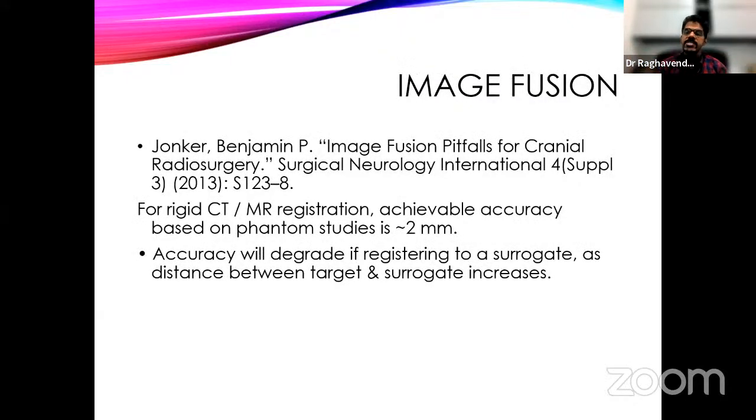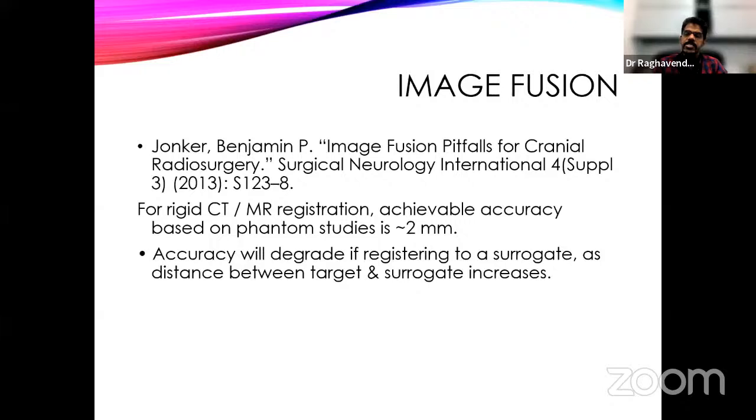Once the MR image or the CT image is done, the next thing you do is the image fusion. Most of the time you do it automatically, you just go for auto fusion, select the boundaries and say okay, fuse it. But remember, auto fusion works on a very gross, pixel-intensity-based mapping concept, which may not always fit.